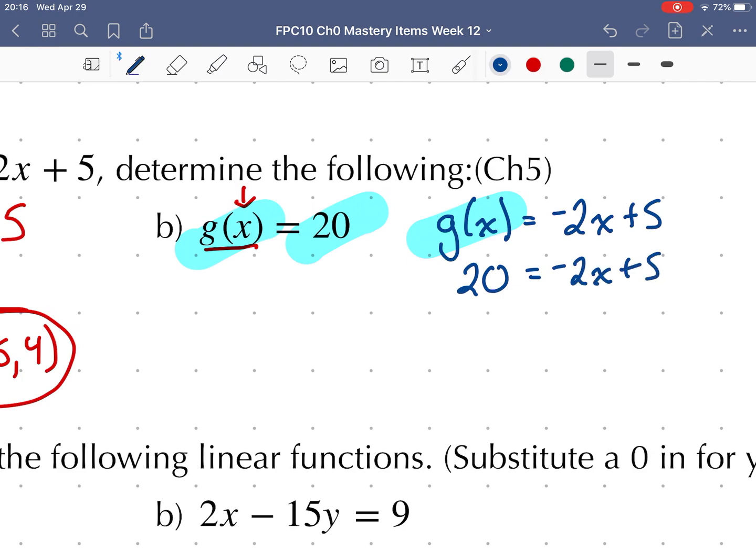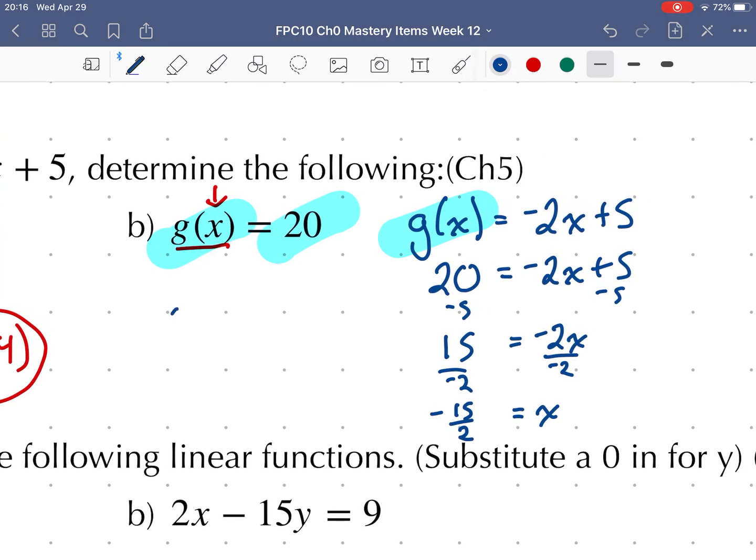So 20 is equal to negative 2x plus 5. Subtract 5, subtract 5. Negative 2x is equal to 15. Divide by negative 2, divide by negative 2. x is equal to negative 15 over 2.